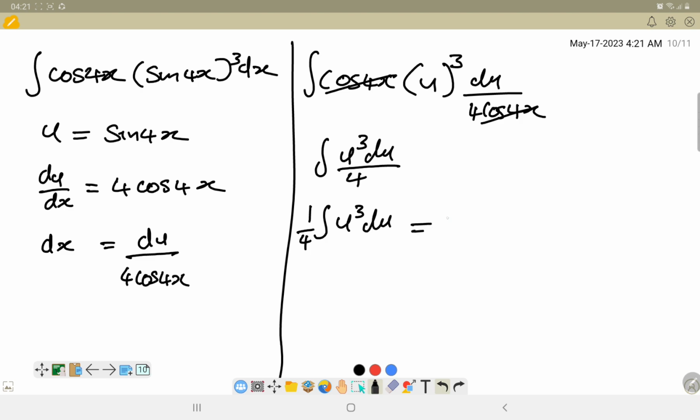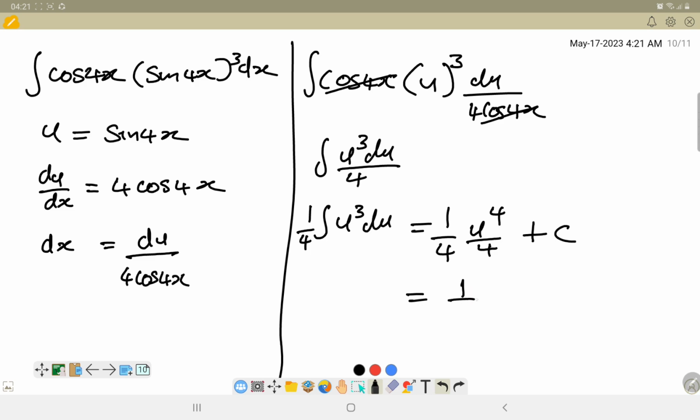Then this can give 1 over 4 when we integrate by the u formula, which will give u to the power 4 over 4 plus c.